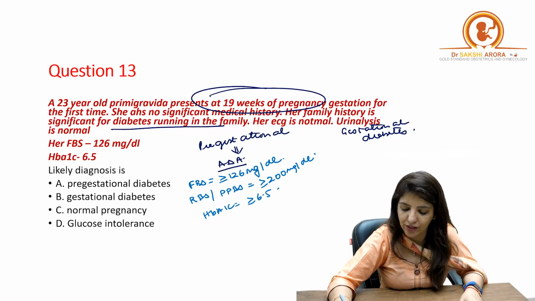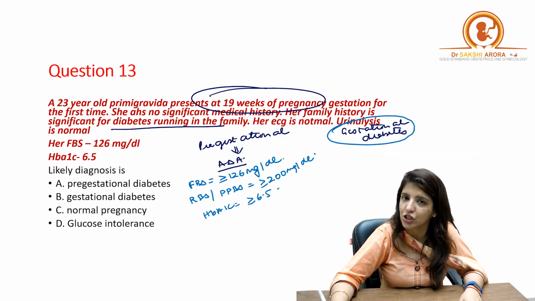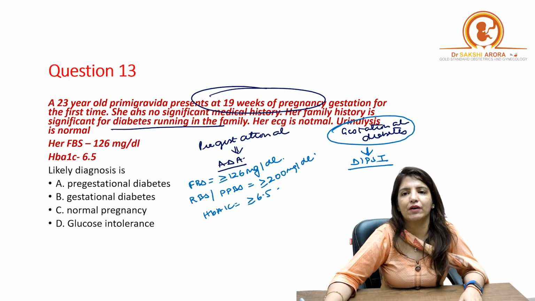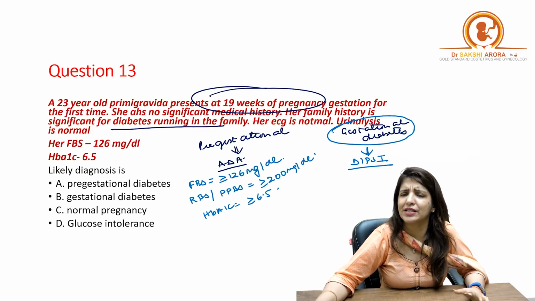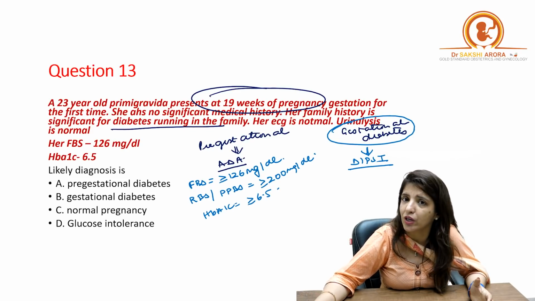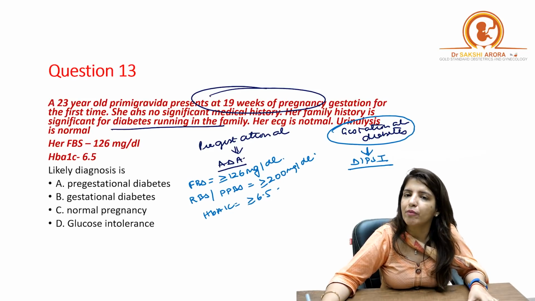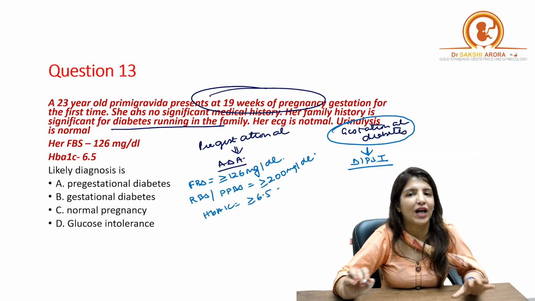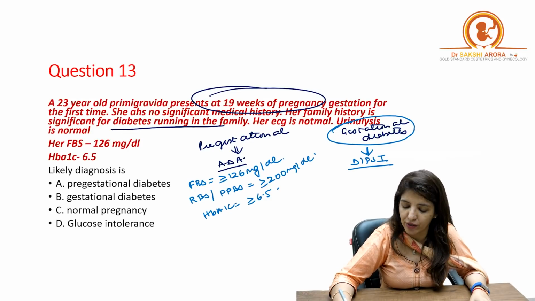On the other hand, for diagnosing gestational diabetes, the criteria we use is the DIPSI criteria. According to DIPSI criteria, I have already told you so many times in the lectures and in the revision videos, whenever a patient comes to you for the first antenatal visit, irrespective of her previous meals and without any fasting, we give her 75 grams of glucose.